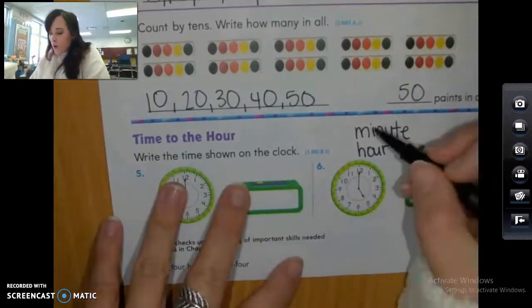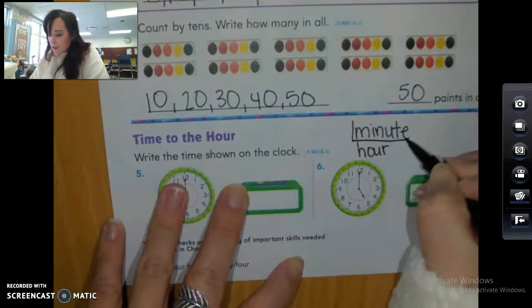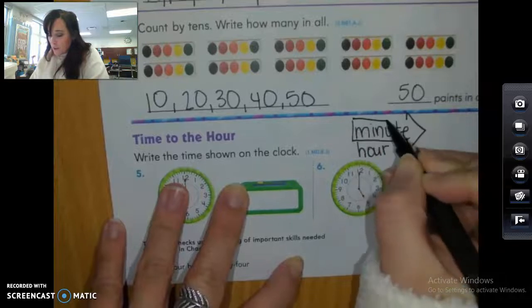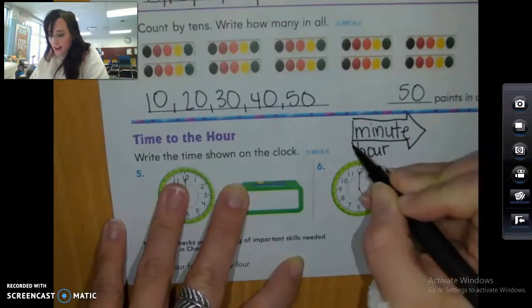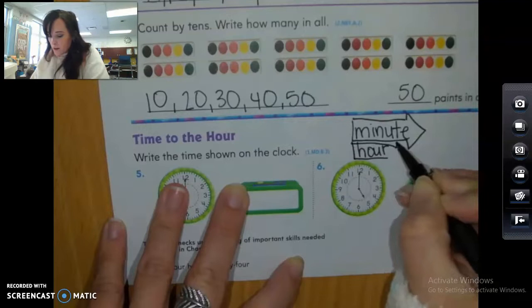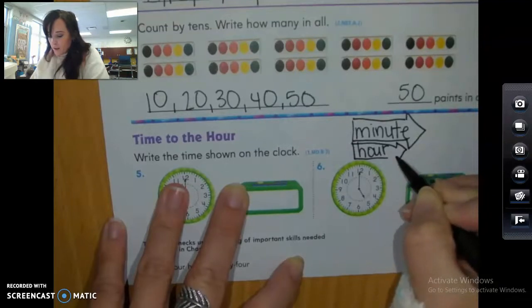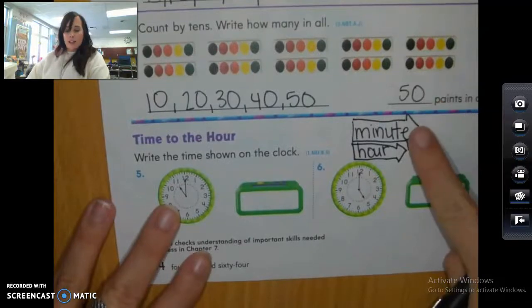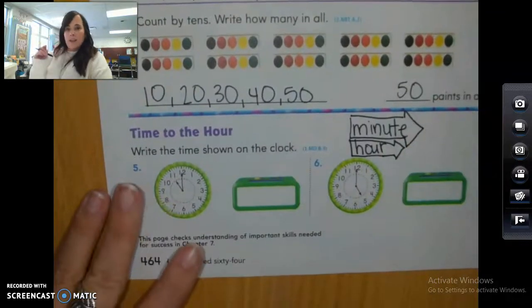Minute. So the minute hand is going to be bigger because it has to fit the word minute. The hour is going to be shorter because it's a shorter word. So minute is the long hand, hour is the short hand.